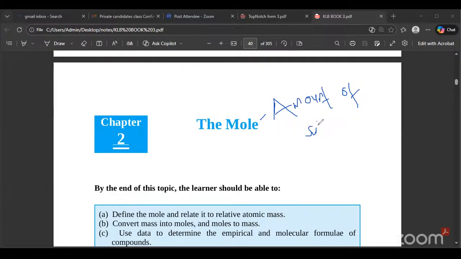I don't know if you recall those. I think physics was compulsory in Form 1. Was it compulsory for all of you? Because you normally teach this in Form 1, and it is measurement. Did you do something like this previously, where we have the amount of substance, with the unit being the mole?